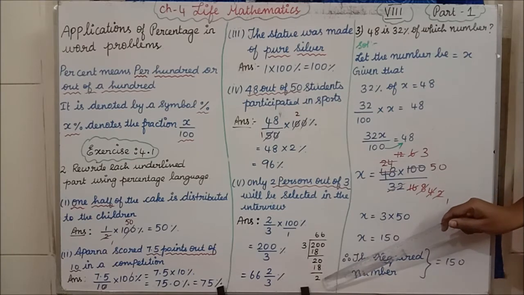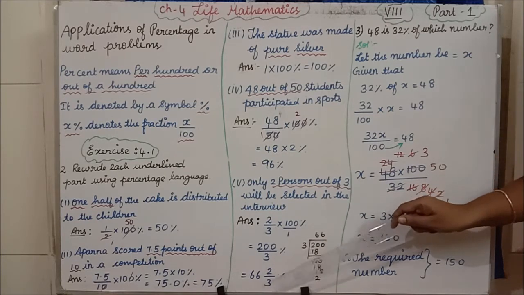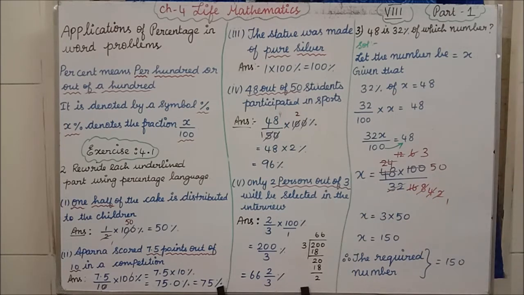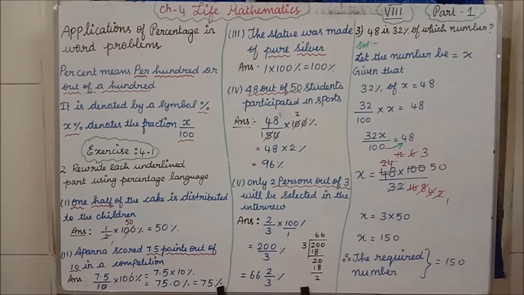What is the remainder? 2. What is the quotient? 66. What is the divisor? 3. So, this is 66 2 by 3 percentage. Quotient, remainder divided by divisor. So, the answer is 66 2 by 3 percentage.